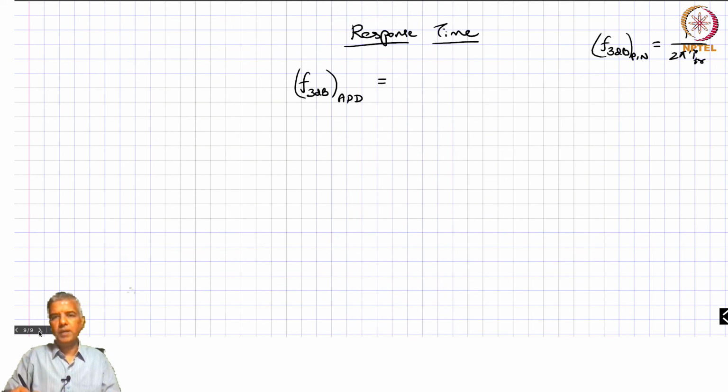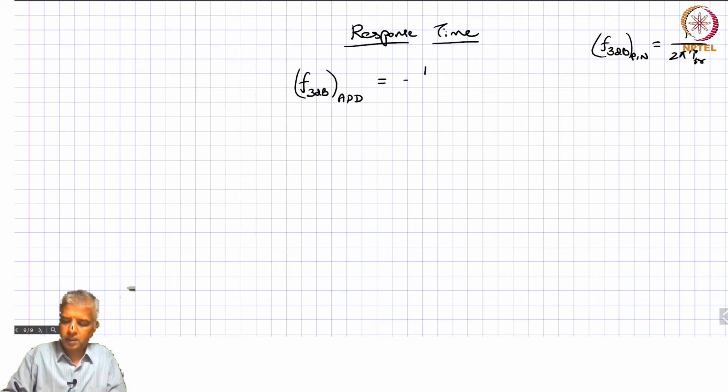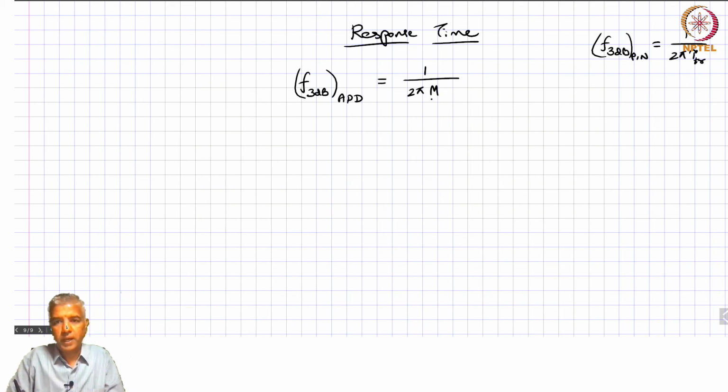So effectively, when you look at the F3 dB of an APD, I am not deriving this in the interest of time, but you can go back and look at the text that I mentioned. You will find this dealt with in a little more detail, but it corresponds to 1 over 2 pi multiplied by this value of m, and I would actually denote it as m naught. So what do I mean by m naught?